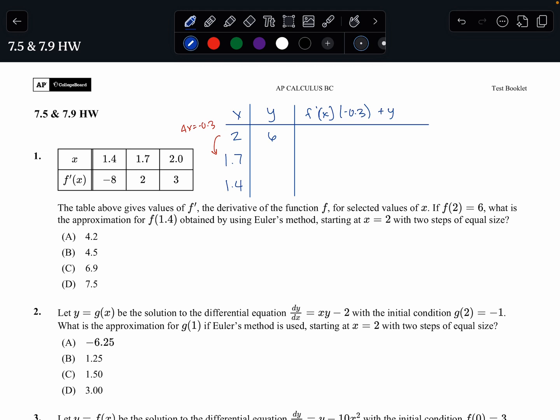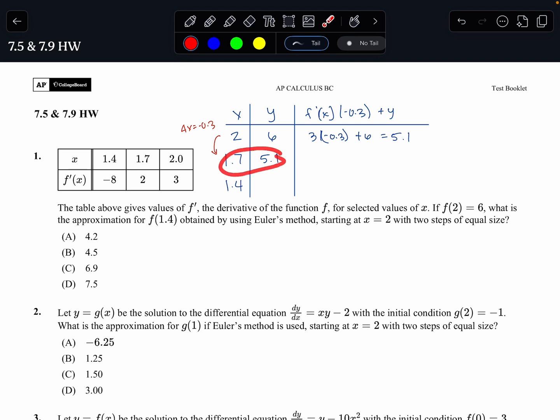So we're going to have f prime of 2, which is 3, times negative 0.3 plus 6. So we're going to have 3 times negative 0.3 plus 6, and we're going to get 5.1. So that's going to be that table right here.